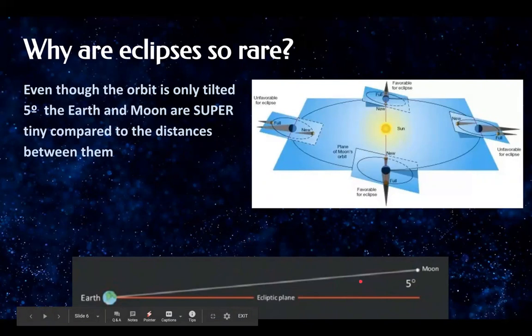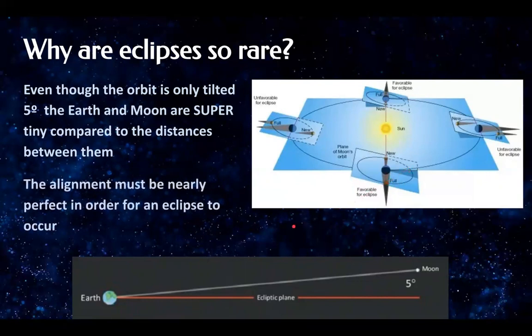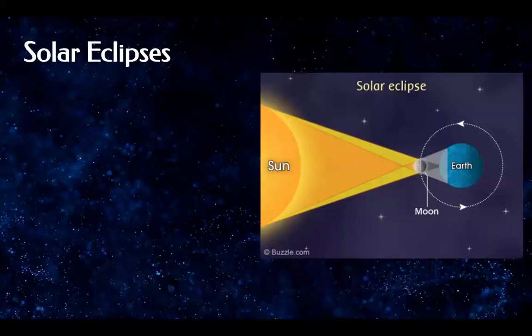So the only way for it to truly line up would be the times when it's going through its orbit and it actually passes through that same plane as the orbit of the Earth around the sun. The alignment must be nearly perfect in order for an eclipse to occur.